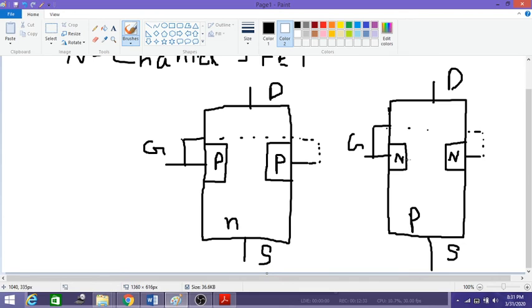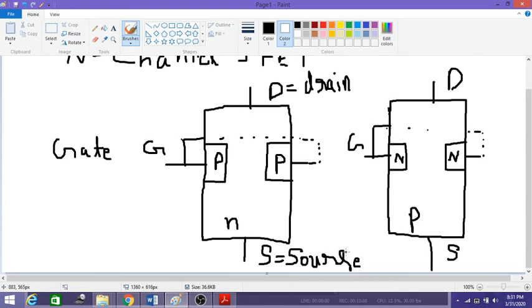Okay, hope you all have understood the basic constructional diagram. So S stands for source, D stands for drain, and G stands for gate. So this is the basic constructional diagram of N channel JFET and P channel JFET.